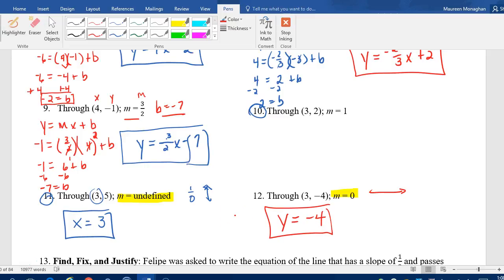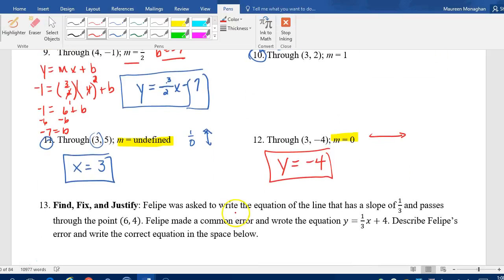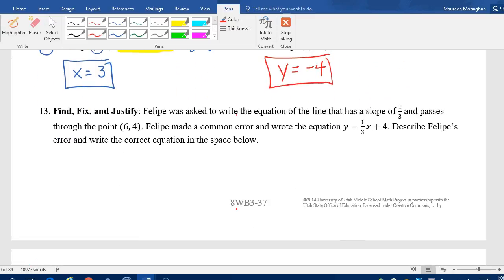We have a fix and justify. Let's take a look at this one. Felipe was asked to write the equation of the line that has a slope of 1/3 and passes through the point (6, 4). Felipe made a common error and wrote the equation like this. Describe Felipe's error and write the correct equation. It looks like Felipe just took the y coordinate and put it in for b. That's what Felipe did. You can't do that.